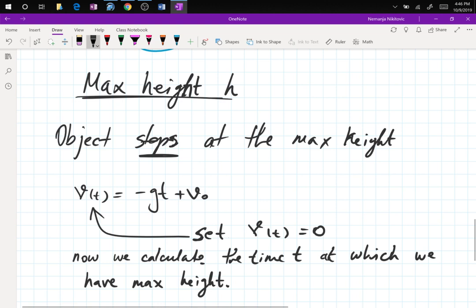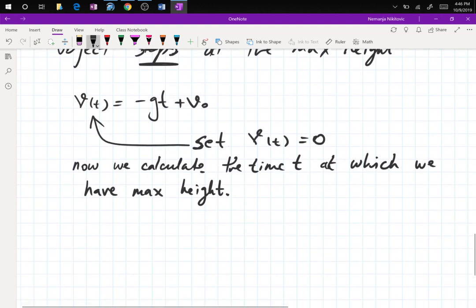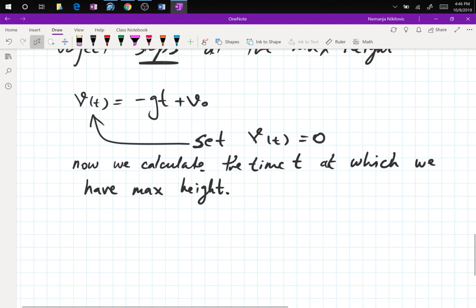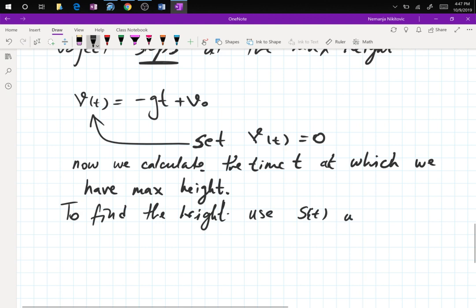There we go. Max height. Good. So now we calculate the time at which we have the max height. And to find the height, use S of t with the time.